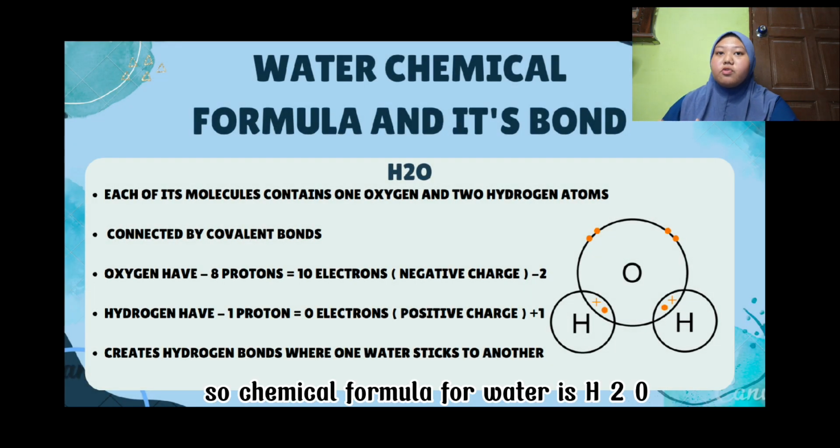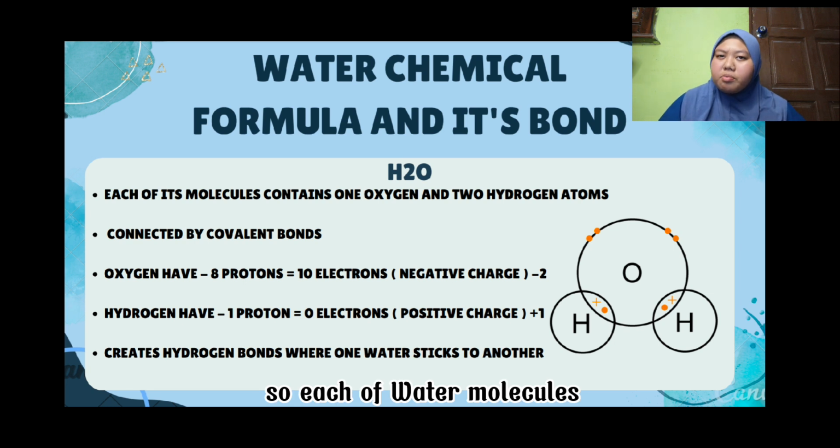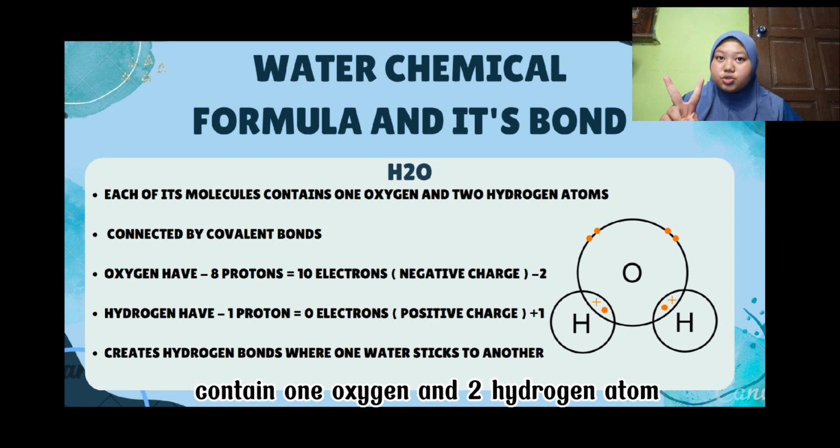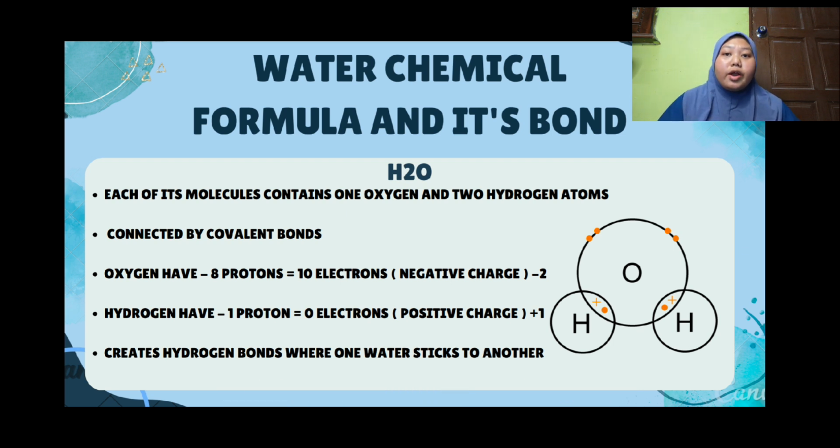So the chemical formula for water is H2O, and I'm going to tell you about its bond. Each water molecule contains one oxygen and two hydrogen atoms, which are connected by covalent bonds, as you can see on the slide.